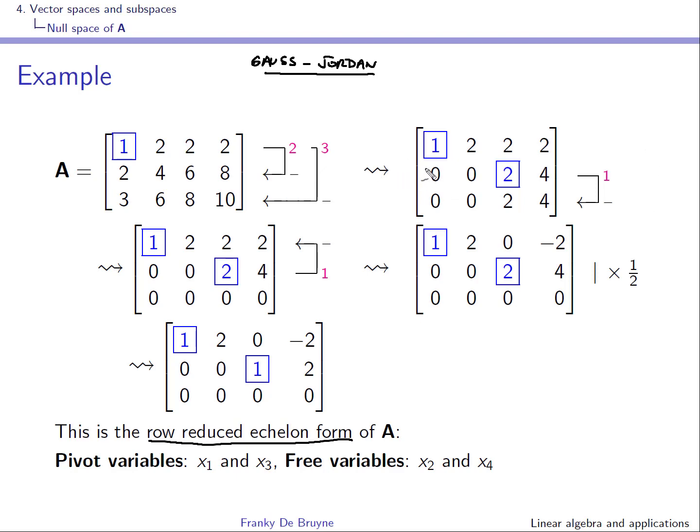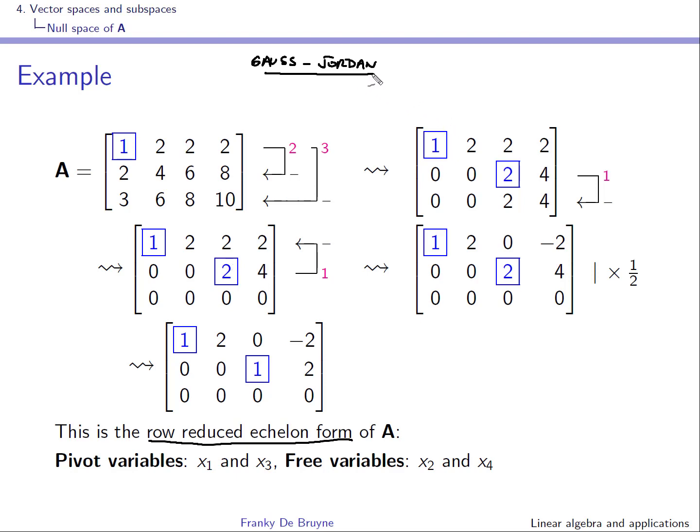So here we have created a 0 over here and a 0 over there, but also a 0 over here, okay? So when we take the next pivot, we have to go further in the line, and we obtain 2 over here, okay? So that's our next pivot. We create a 0 below the pivot. The multiplier is the entry divided by the pivot, 1, and if we perform this operation, we obtain this matrix over here.